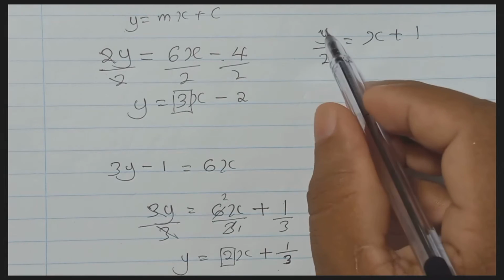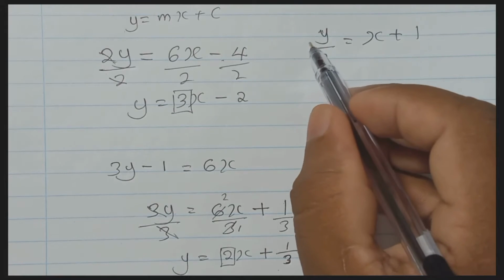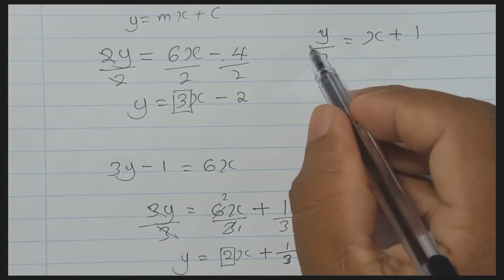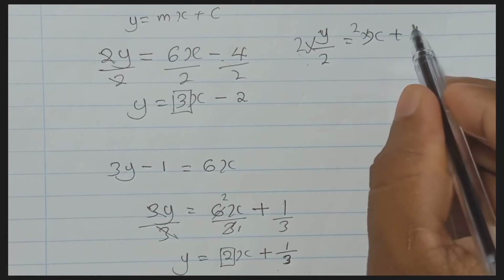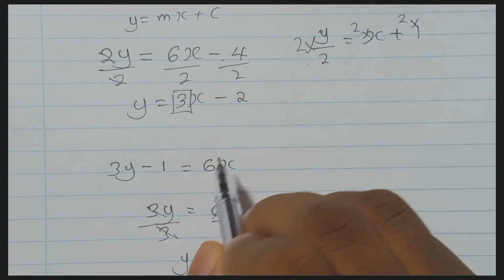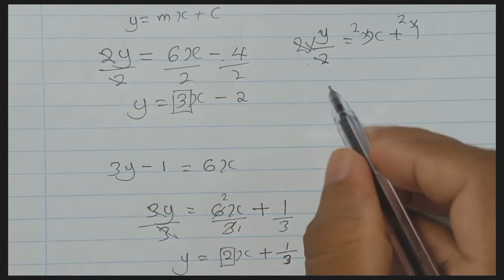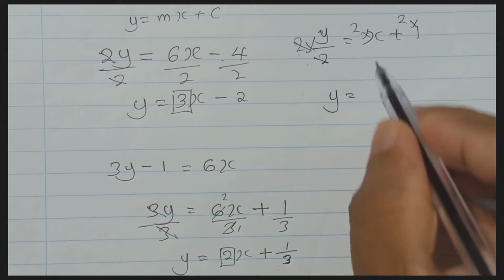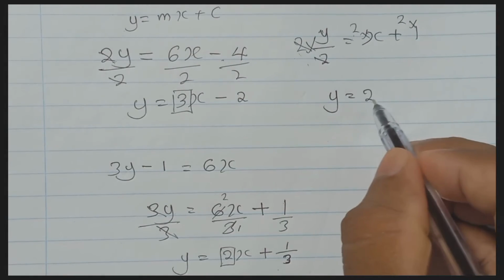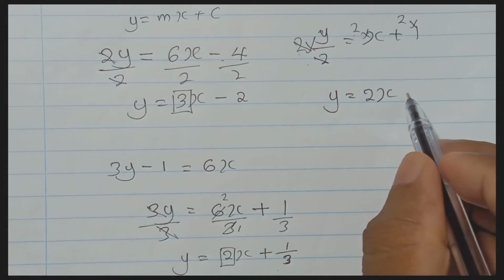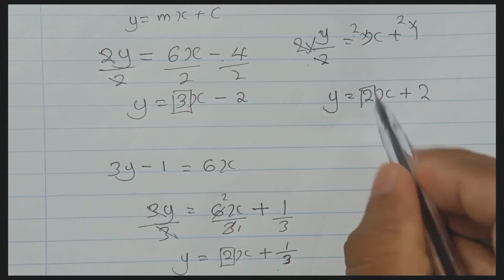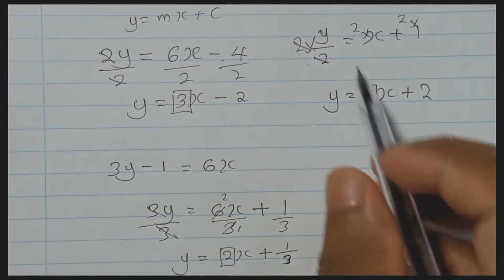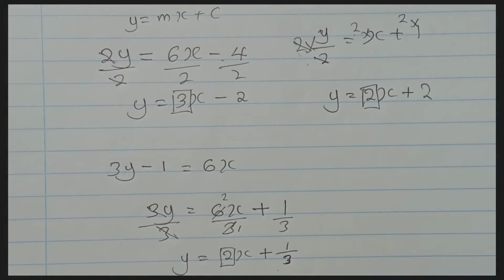So y is divided by 2, so if you need to remove this 2, you have to multiply by 2. This term multiplied by 2, this one also multiplied by 2, and this one also multiplied by 2, then the 2 cancels with the 2. Here will be just y, here 2 into x is 2x, and 2 into 1 is just 2. Now you can tell that 2 is the gradient of this equation, like that.